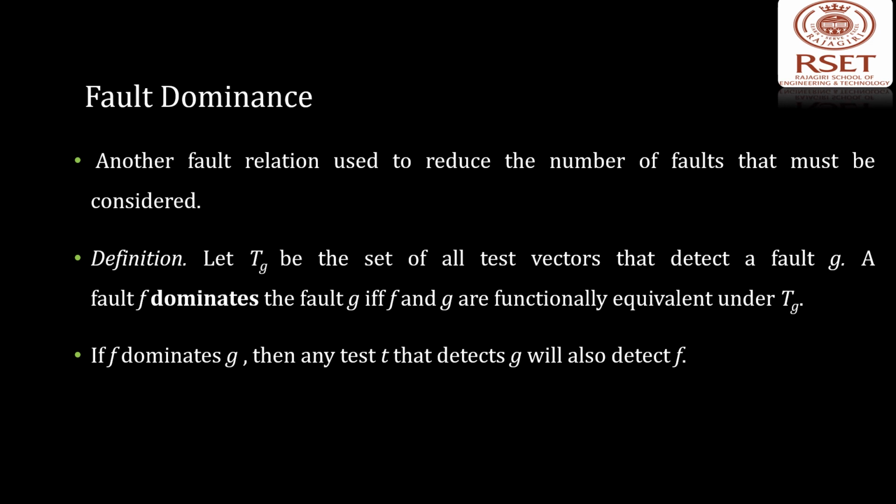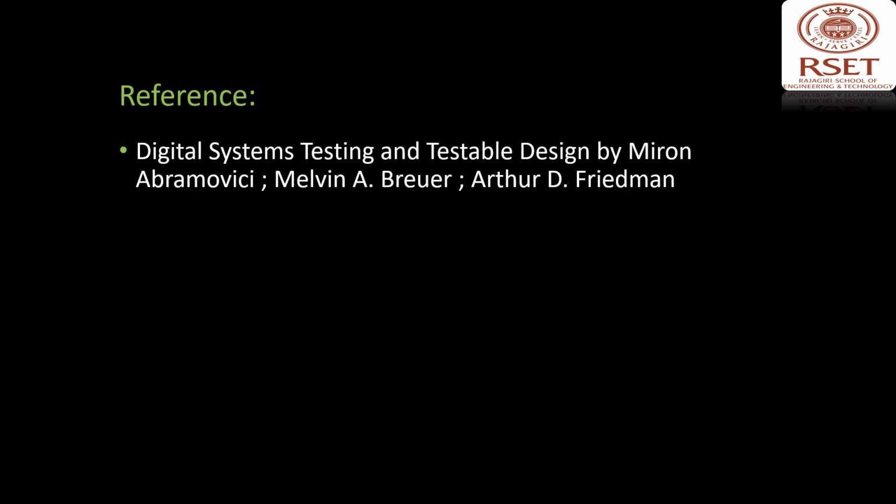So that is the formal definition of fault dominance. These are some of the terminologies that you should know when you're studying fault modeling. So by this we come to the end of this lecture session. The reference textbook for this session is listed here. Thank you.